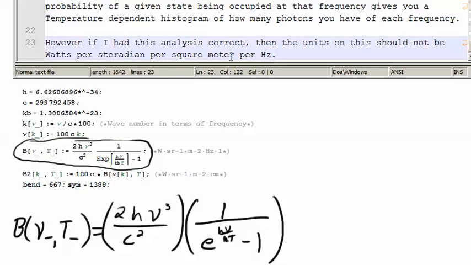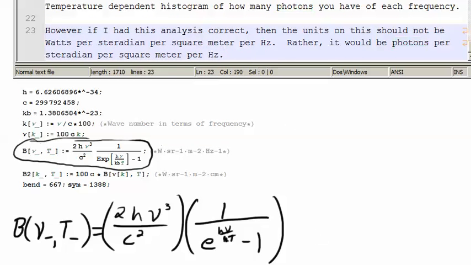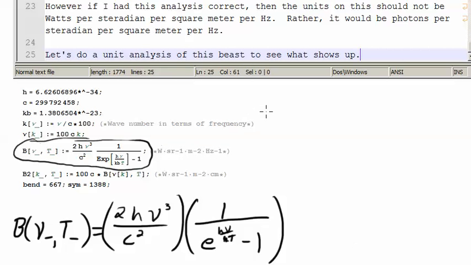However, if I had this analysis completely correct, then the units on this should not be watts per steradian per square meter per hertz, which is what this says right here. Rather, let's do a unit analysis of this beast to see what shows up. h is, over here, without units, 6.62 times 10 to the negative 34th, and that is in units of quantum action or angular momentum.